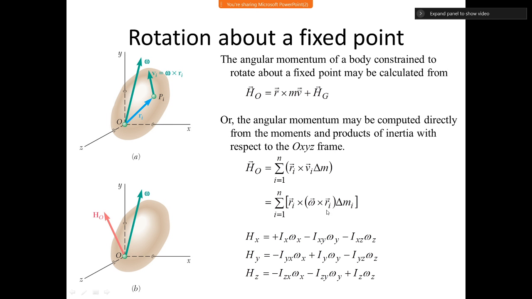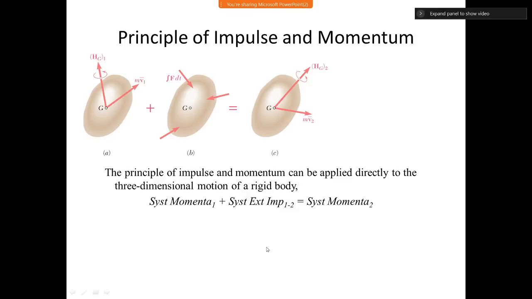If I simplify it, Ix is the moment of inertia about the x-axis, Ixy is the product of inertia about the xy axes, Iy is the moment of inertia about the y-axis, and so on. So I can again write a similar expression.